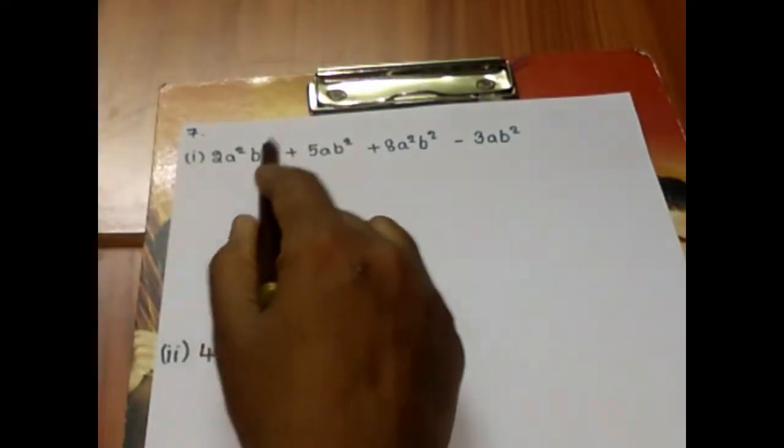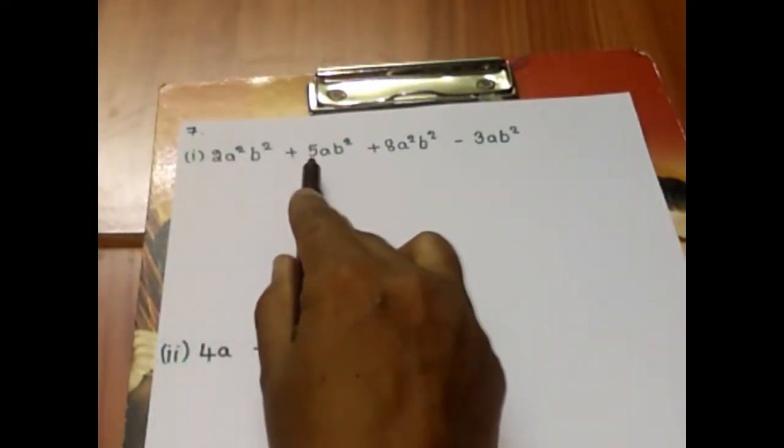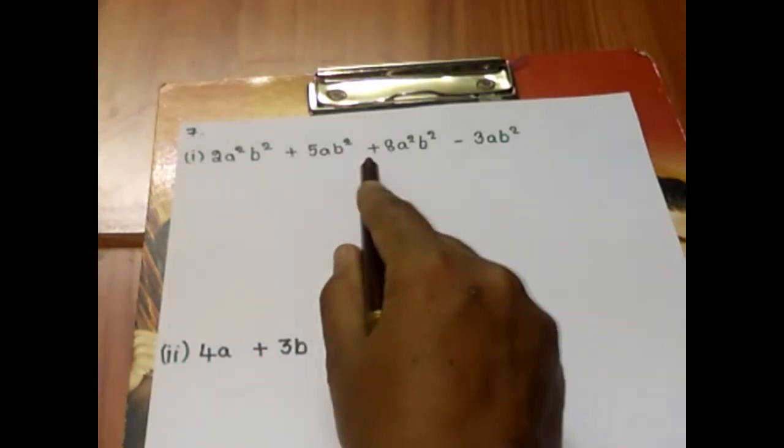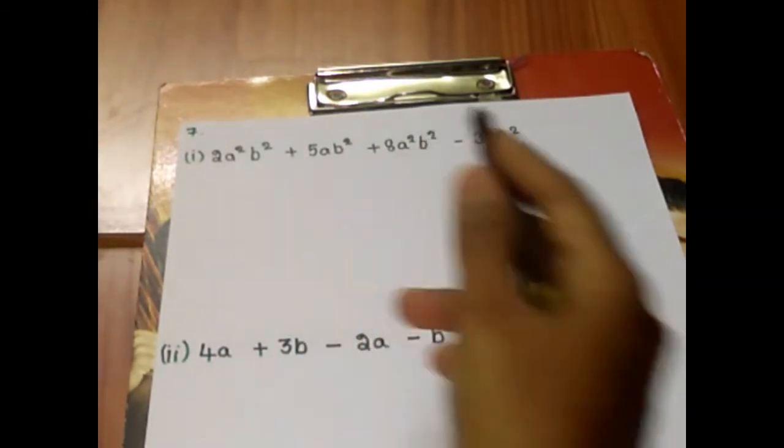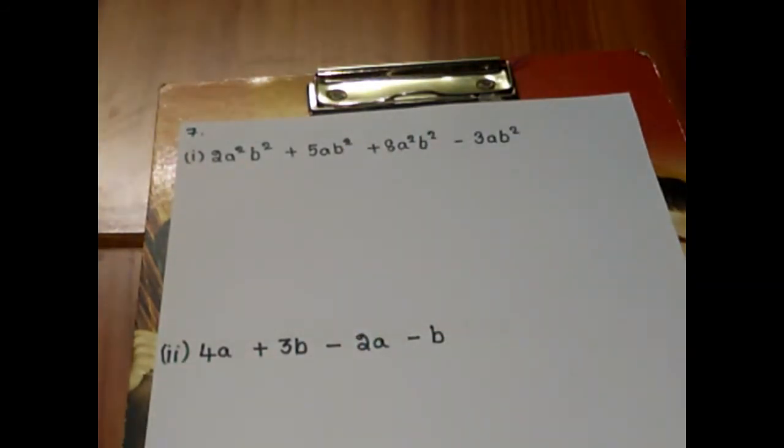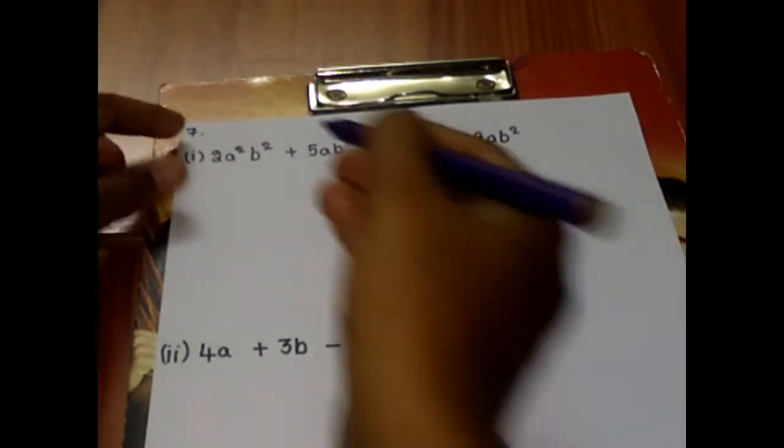Let's observe the first question. 2a square b square plus 5ab square plus 8a square b square minus 3ab square. As soon as you read the question, children, you should be able to understand which are like and which are unlike. So here I can find the group of two like terms.